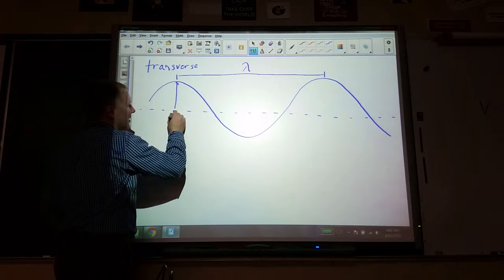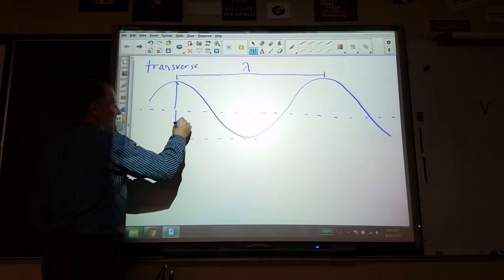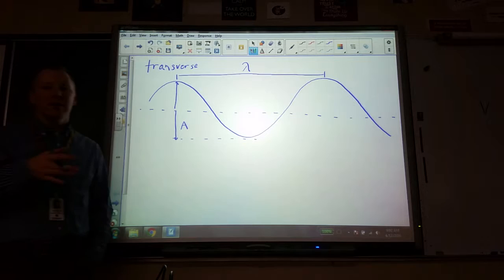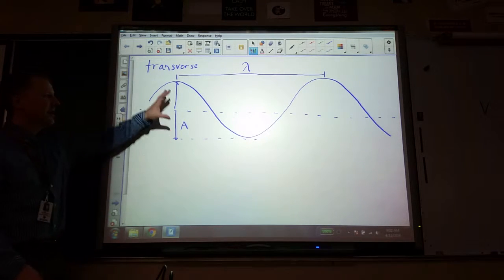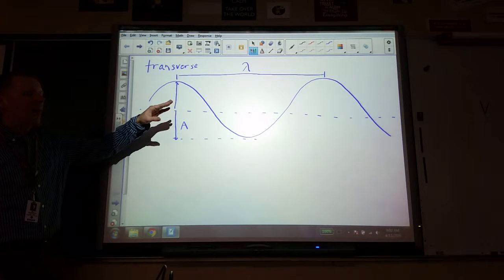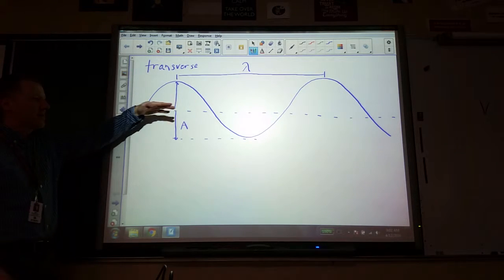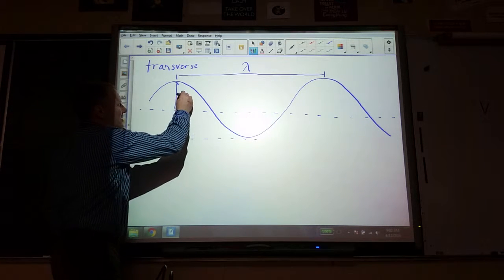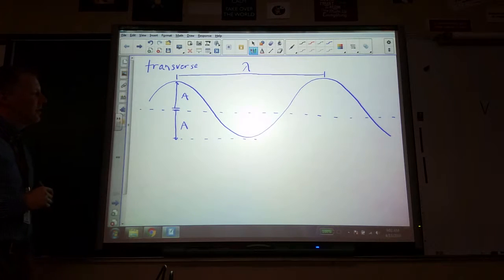Either of these will be an amplitude. We aren't going to be getting into intensity and that sort of thing, but intensity is related to this and just how high or low. Obviously my line should be straight across, so that this distance is the same. But it's just one of them, like so.